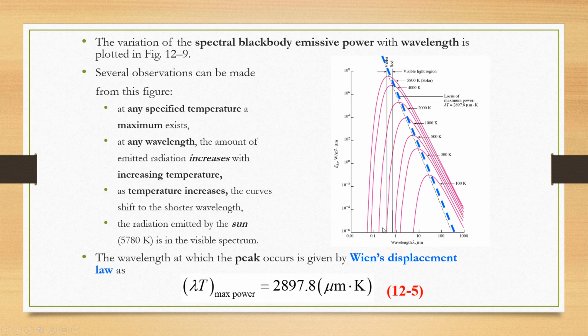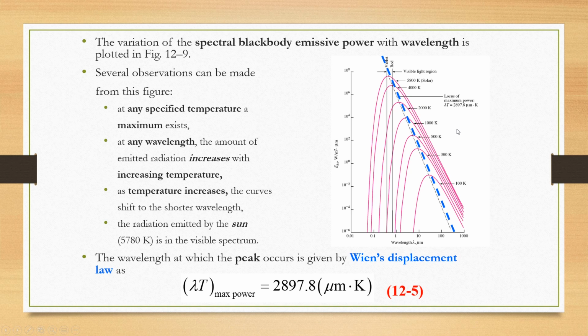The radiation emitted by the sun, which is considered to be a black body at 5,780 Kelvin, approximately 5,800 Kelvin, reaches its peak in the visible region of the spectrum. Therefore, the sun is in tune with our eyes. On the other hand, surfaces at temperatures below 800 Kelvin emit almost entirely in the infrared region and thus are not visible to the eyes unless they reflect light coming from other sources.